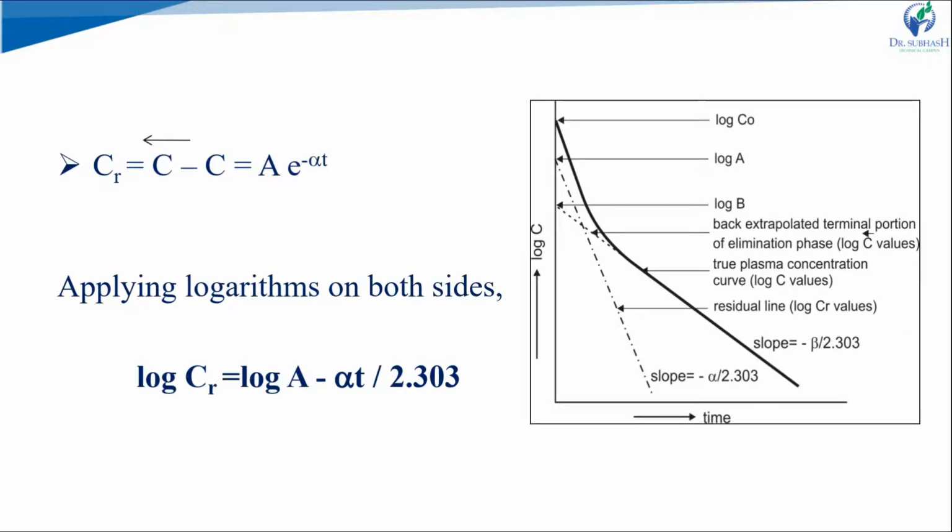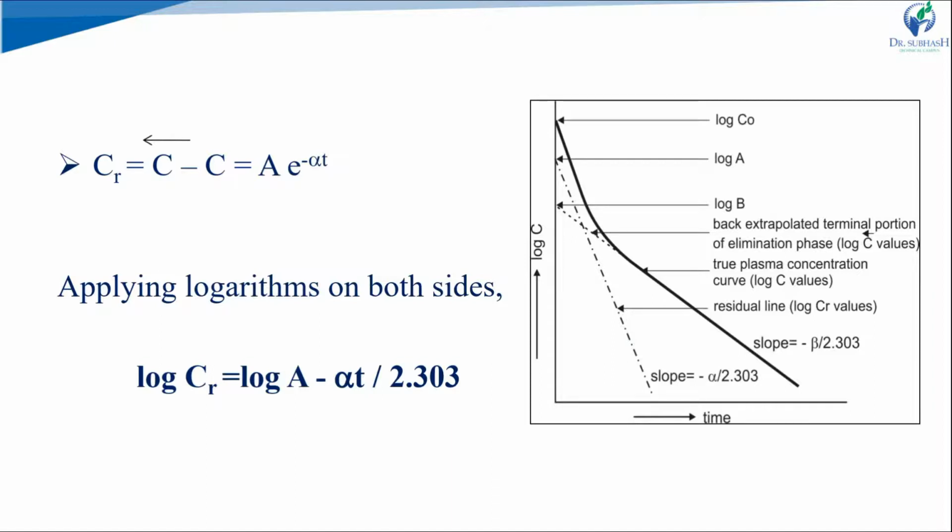So the equation becomes A e raised to minus alpha t, and then applying the logarithm, log CR, the residual concentration value, is equal to log A minus alpha t upon 2.303.